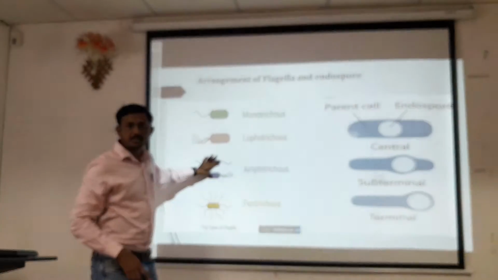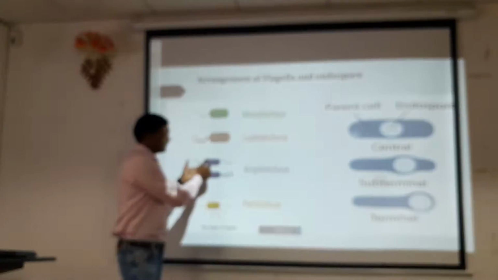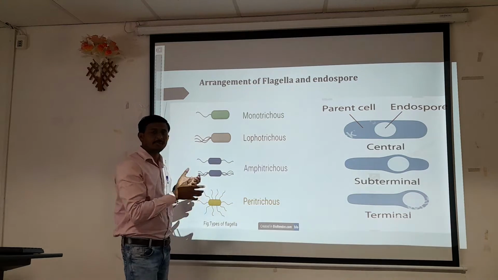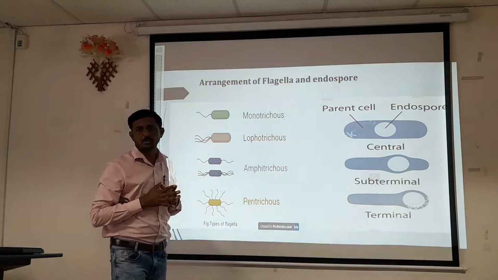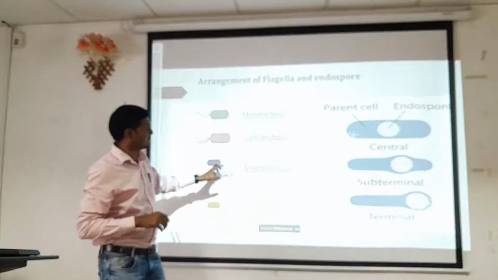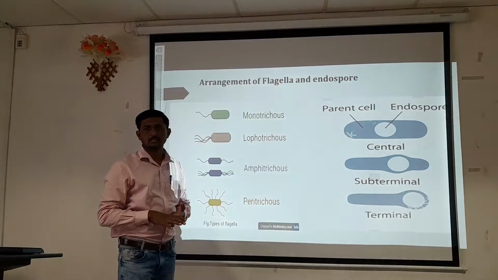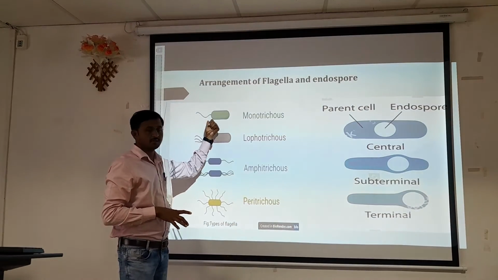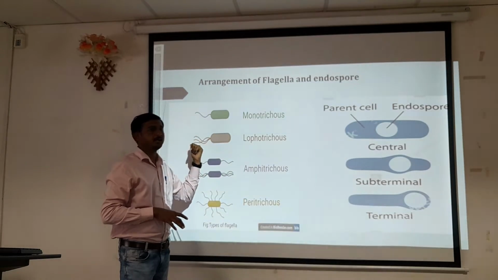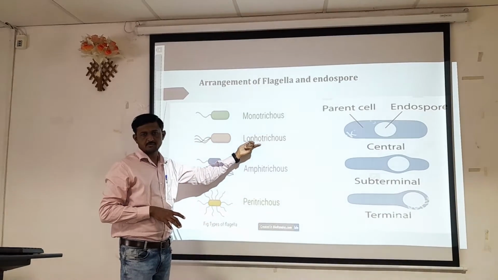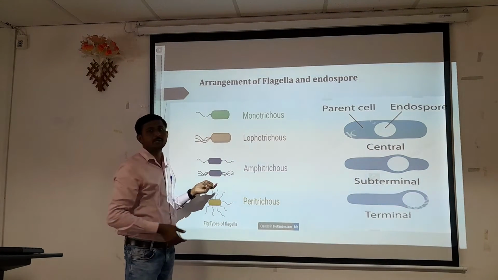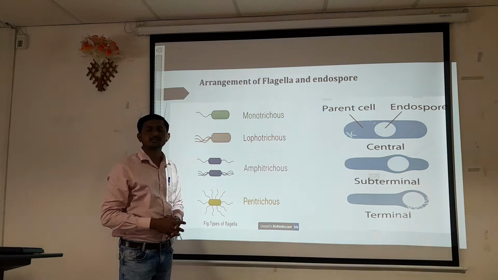Here, amphitrichous flagella: whether a single flagellum or a group of flagella is present at both ends of the bacterial cell, that group of bacteria is called amphitrichous. If only a single flagellum is present, it is monotrichous. If a group of flagella is present at only one end of the bacterial cell, that is called lophotrichous. Whether a single flagellum or a group of flagella is present at both ends of the cell, it is called amphitrichous.